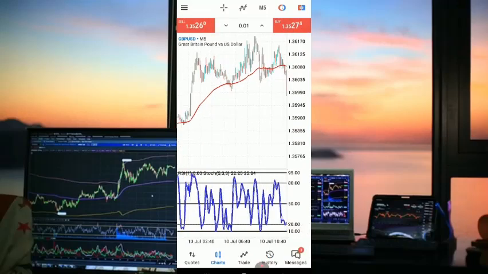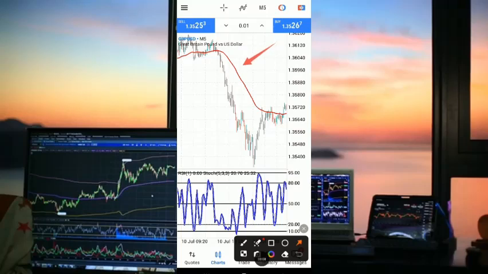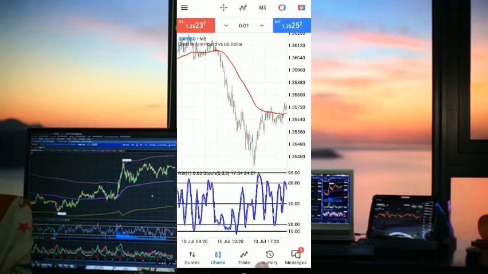Then if the moving average is above the price, like here, it means that there is a downtrend, as simple as that. You just master those two, and then you're good to go.